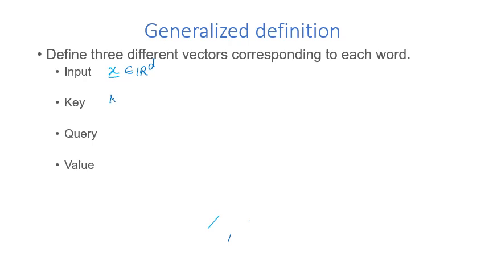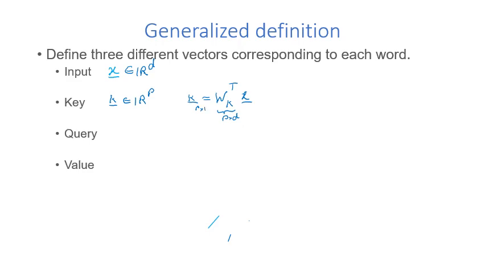Key is also a vector, but in a different dimensionality, so it's in P-dimensional space. And the way that we compute this vector K is by computing a transformation on X. So WK is a matrix, and WK transpose here is a P by D matrix. So it gives me a P by 1 vector here, which is my key.